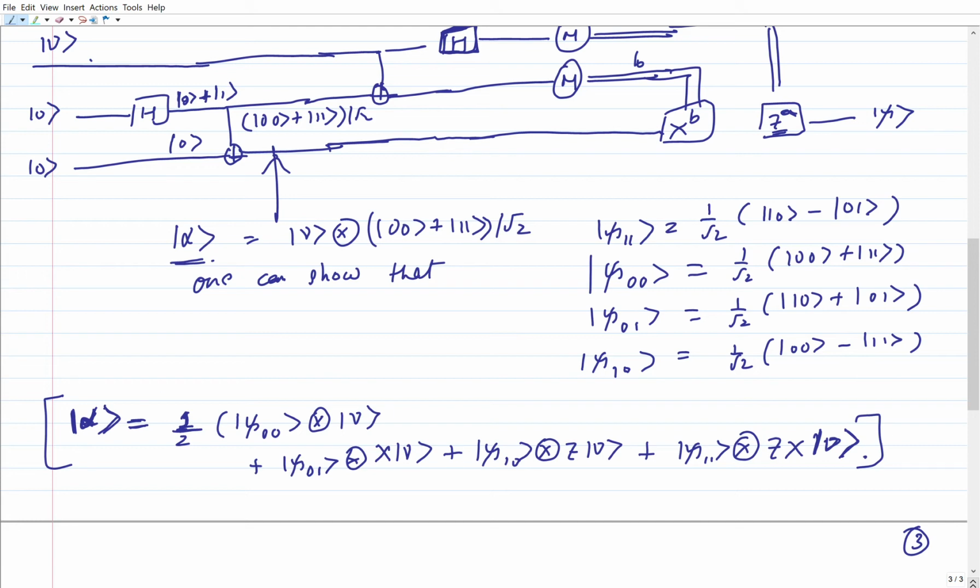I can write alpha in terms of a linear combination of all the four Bell states.